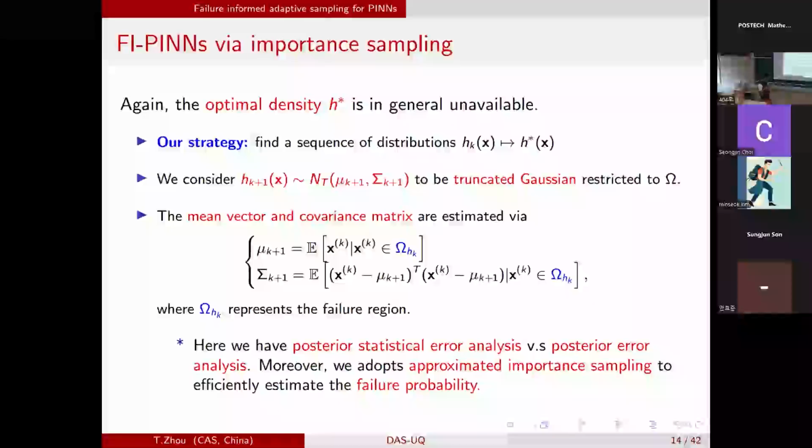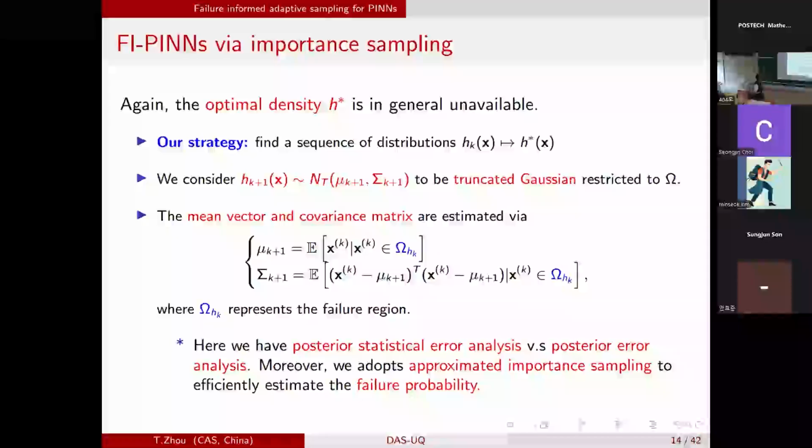Truncated means you concentrate the points in the finite domain. If you consider the whole domain, you don't need to truncate. I will not consider the so-called optimum density; in each iteration I just use a Gaussian random variable to model it.